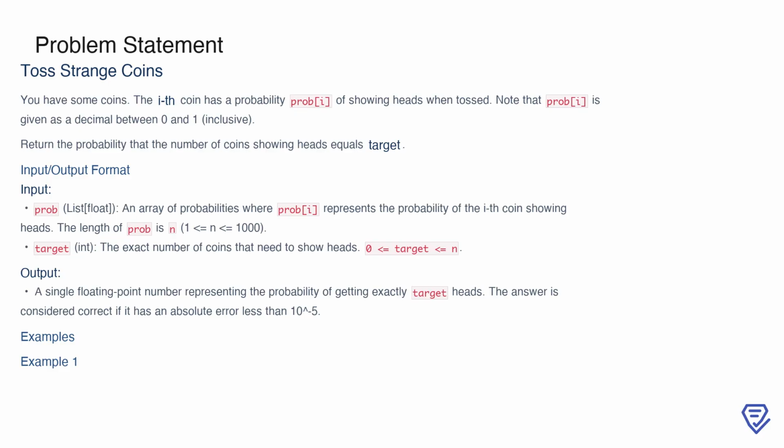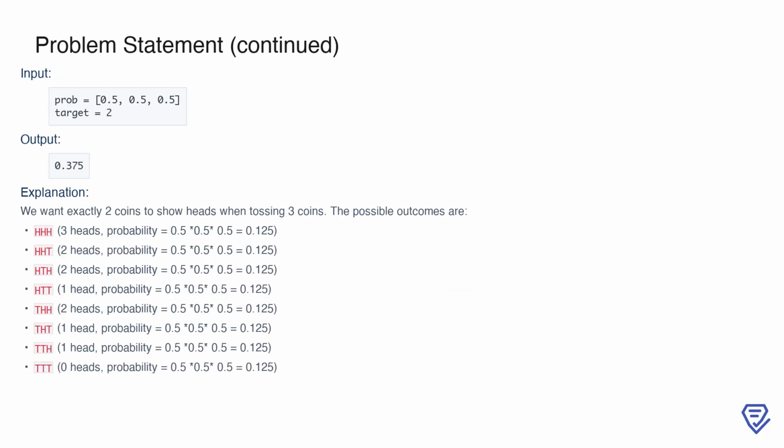Now, let's examine an example to solidify our understanding of the problem. Consider this example: the list of probabilities is 0.5, 0.5, 0.5, and the target number of heads is 2. This means we have 3 coins, each with a 50% chance of showing heads, and we want exactly 2 of them to show heads after all the coins are tossed. To compute this, we need to evaluate all possible outcomes.